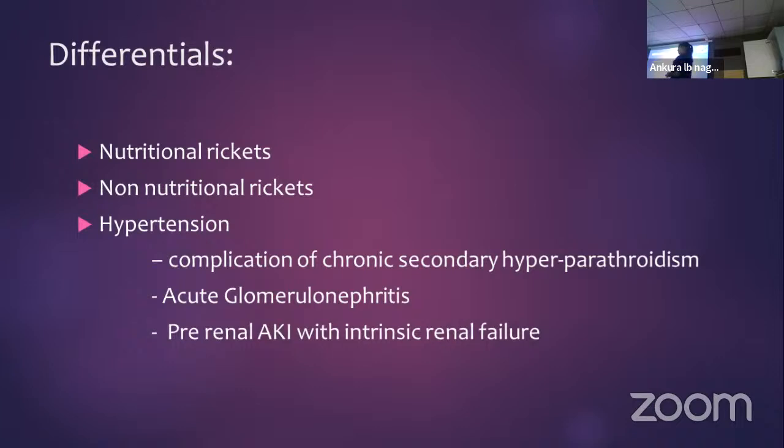So any clinical approach always comes from history taking. Nutrition is normal, so I would not put nutritional first. As the child is presenting with more lower limb involvement and nutrition is good, non-nutritional rickets should be the primary diagnosis compared to nutritional.